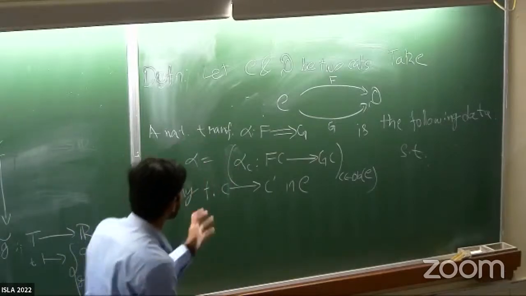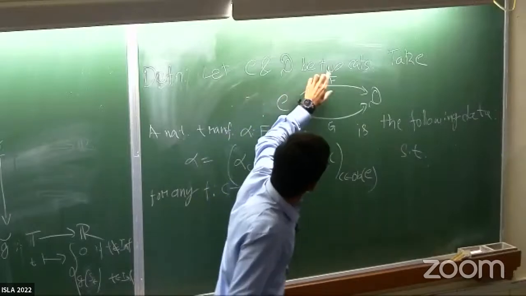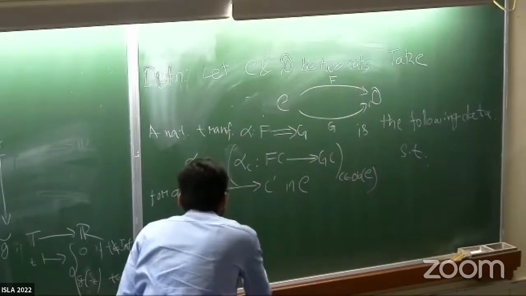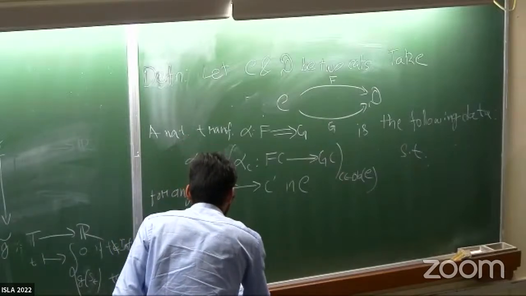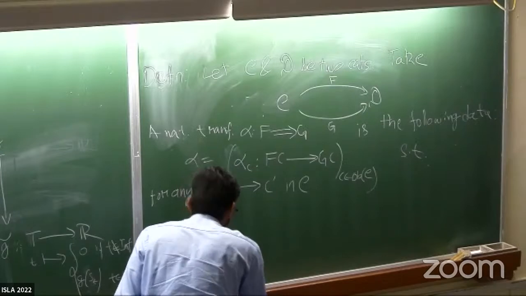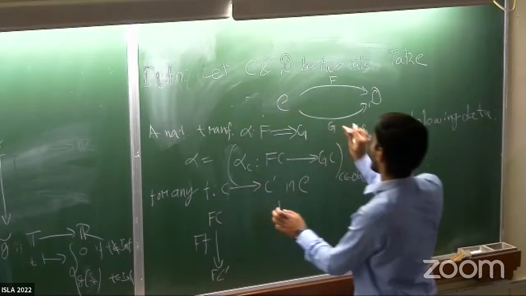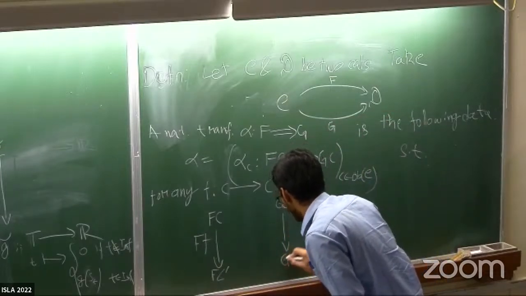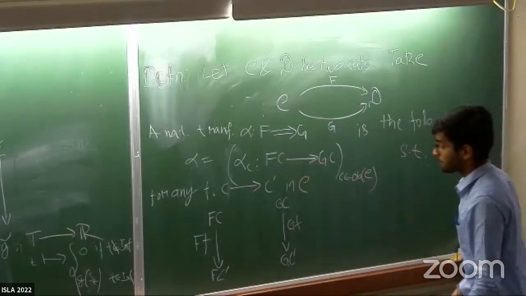Well, what commutes? This is an arrow in C. The arrow will be taken by F and G to possibly distinct arrows. So first the action of F on the small f will give me this FC to FC prime. This will be Ff. The other way around, I will have GC to GC prime, and this will be Gf. And now the data come into play.